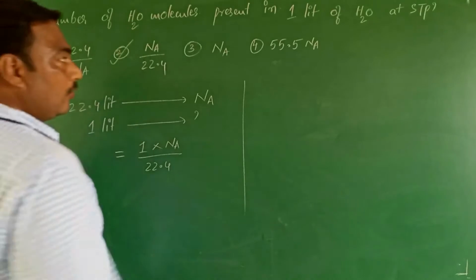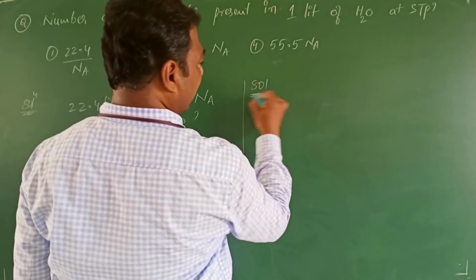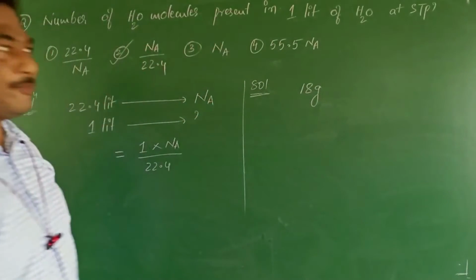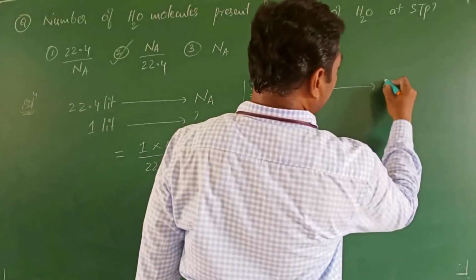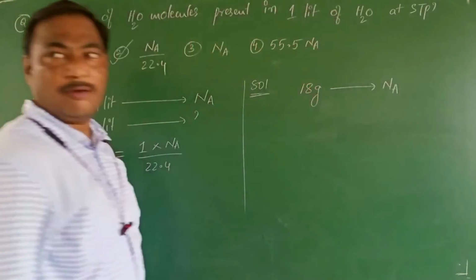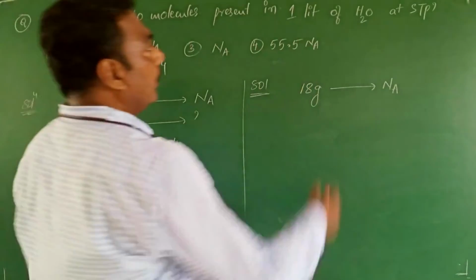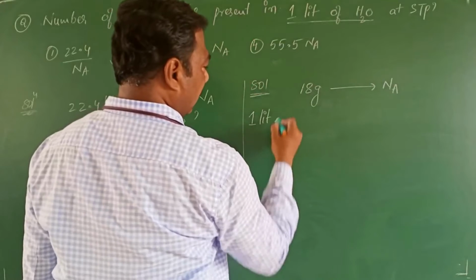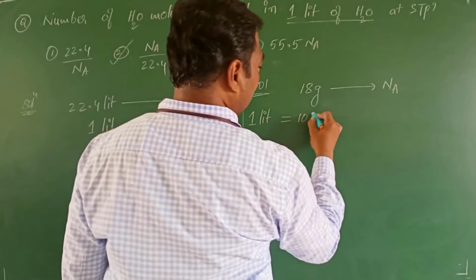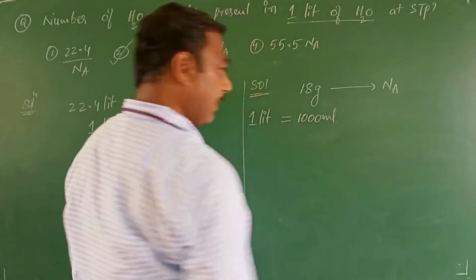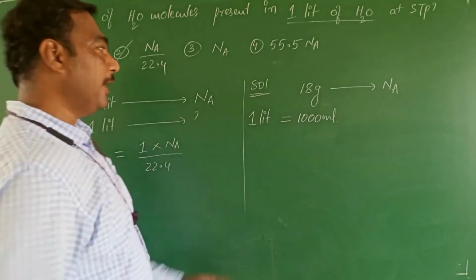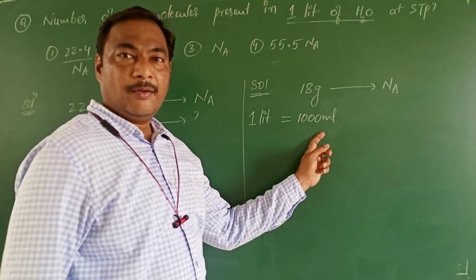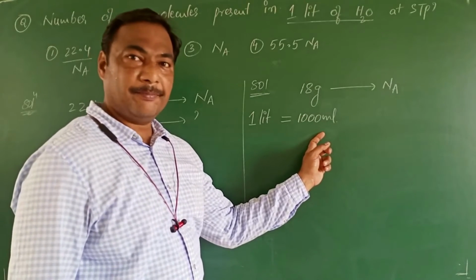Okay, right. Now, how to solve this problem? Coming to the solution. What is the molecular weight of water? 18 grams. 18 grams contains Avogadro number of molecules. Now, here he has given 1 liter of water. 1 liter is nothing but 1000 ml. And you know very well, for pure water, 1 ml equals 1 gram.